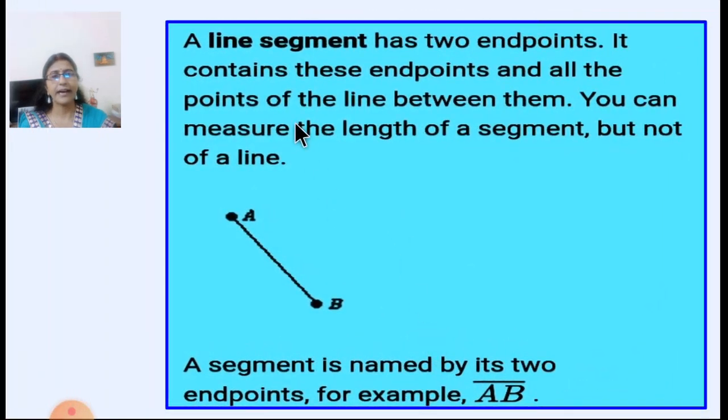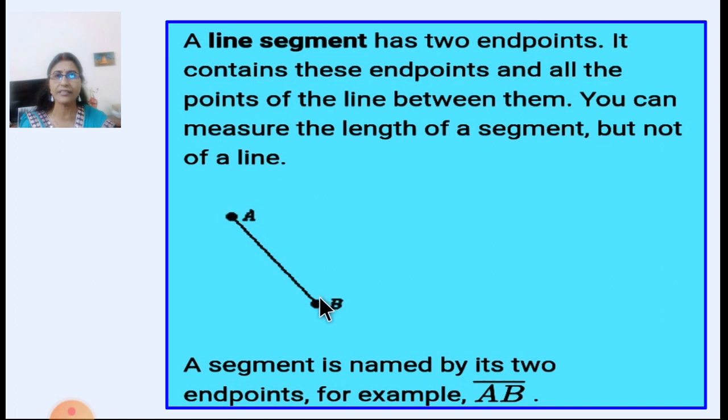Now next is a line segment. A line segment has 2 endpoints. Here you can see it has 2 endpoints. It contains these endpoints and all the points of the line between them. You can measure the length of a segment but not of a line, because here these two are the endpoints.